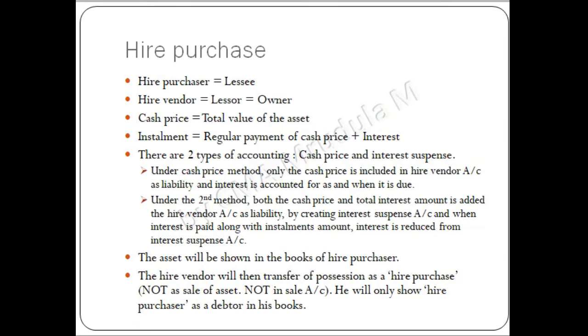As and when the interest becomes due, interest account is debited and interest suspense account is credited. The payment entry is passed by just debiting the hire vendor account and crediting the bank or cash account. Generally, at the end of the lease period, on payment of the last installment, the asset can be bought by the hire purchaser.